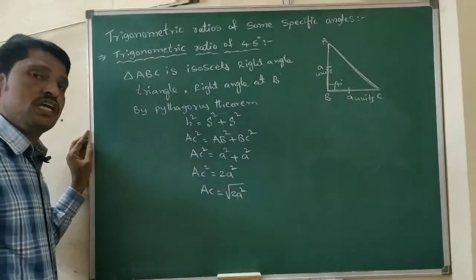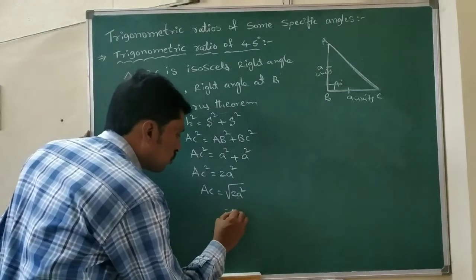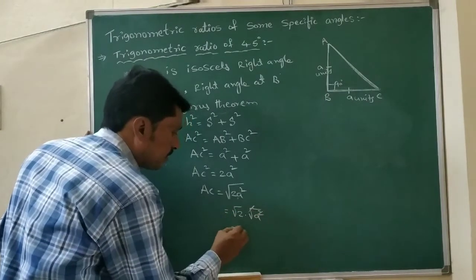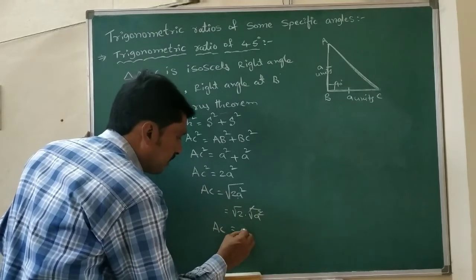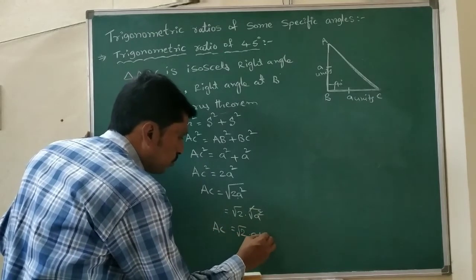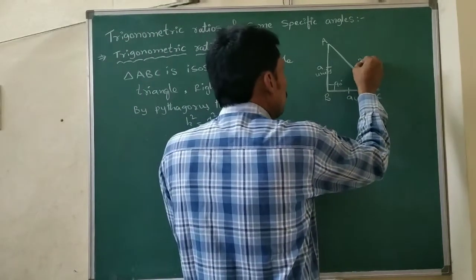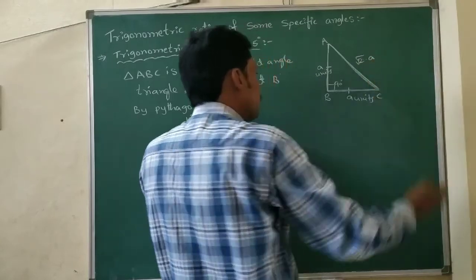So root 2 into root A square. The square and square root get cancelled, so we get AC equals root 2 into A units.